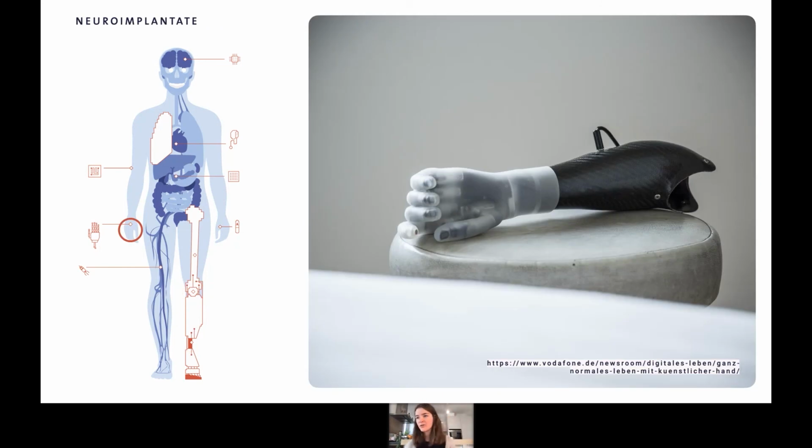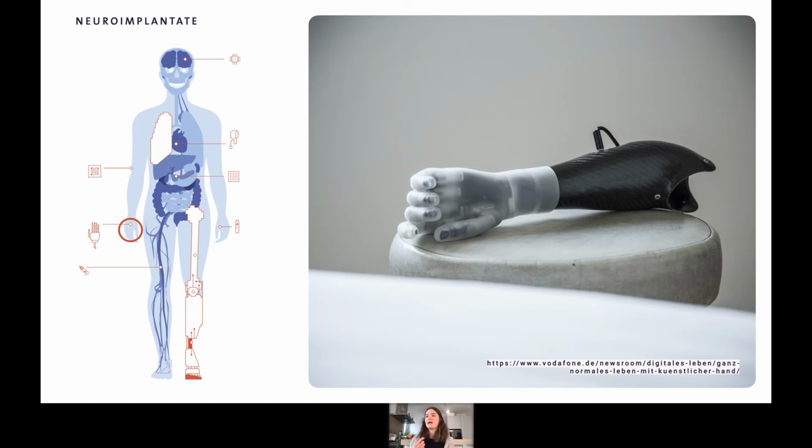And this is the arm we've already seen from Berthold Meyer, and I think this is a little bit better to see how this is actually working. This is not directly connected to a part that is put in by surgery, so you can plug the whole arm on and off.